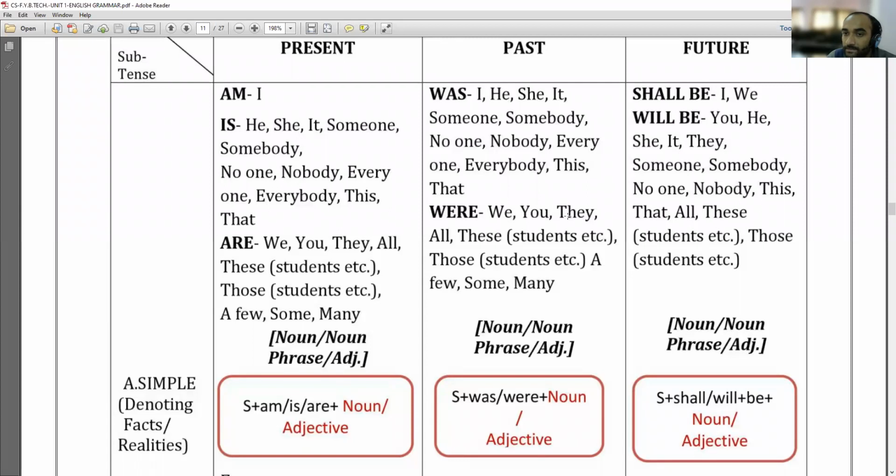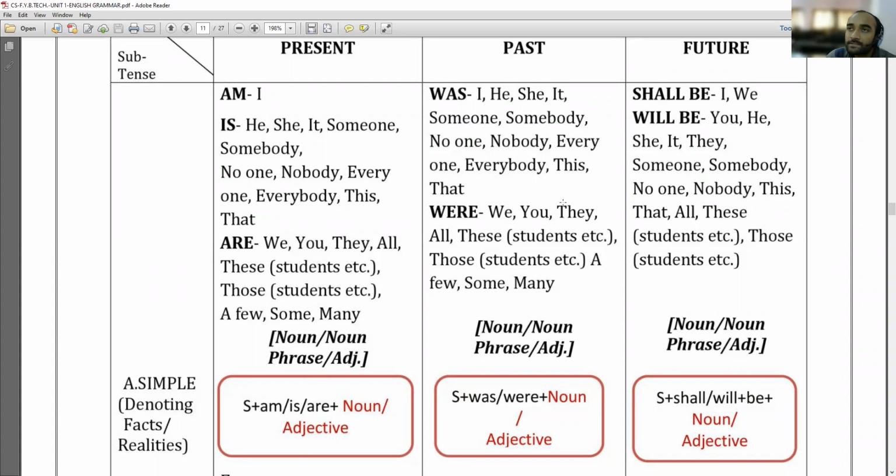Okay, so this is the sentence structure we can use for denoting the fact or reality in the future time. This is mainly the assumed reality. आपण काय करतो तर assume करतो. Okay, this is mainly the assumed reality. So subject plus shall be or will be. We can use this sentence structure.